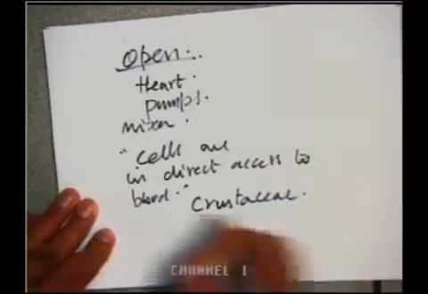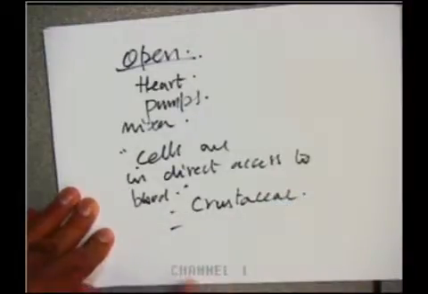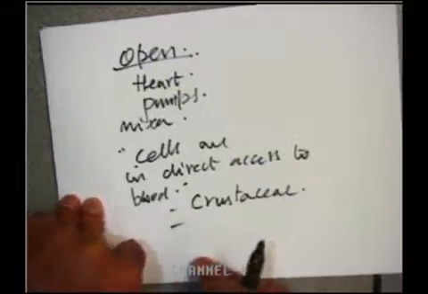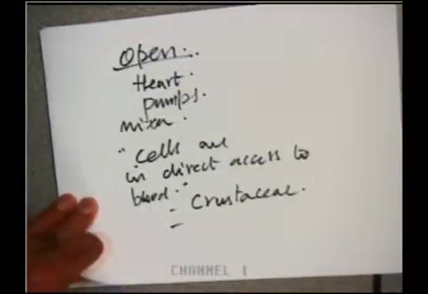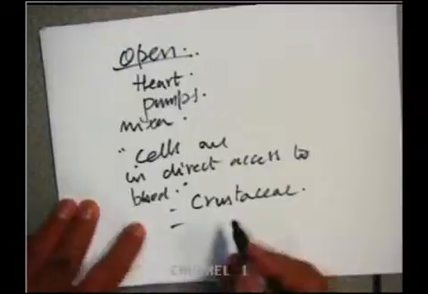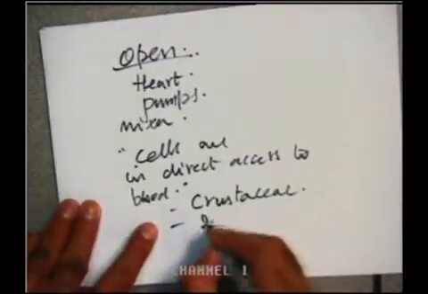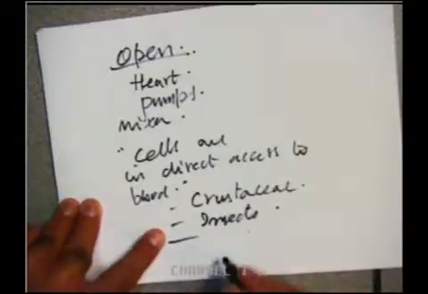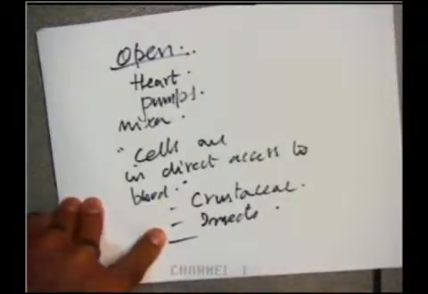Crustacea. How many of you like crab meat? Do you find any circulatory system in the crab? No? That's a good example of the open circulatory system. Insects. Mosquito. Does a mosquito have a circulatory system? What is the color of mosquito blood?